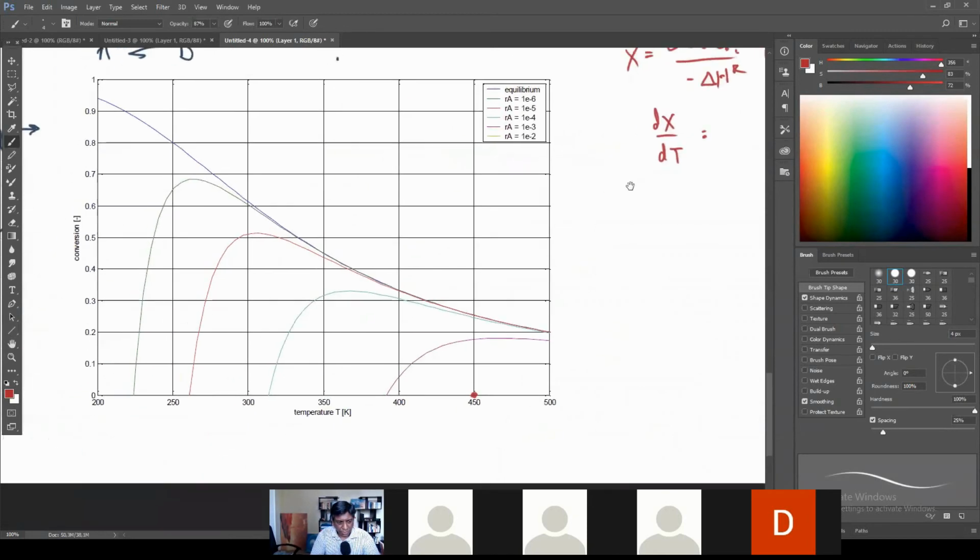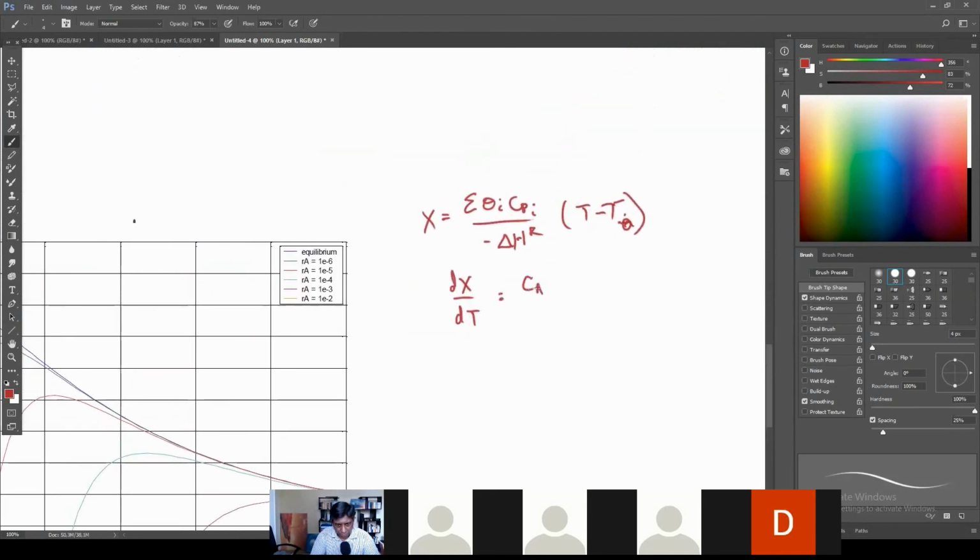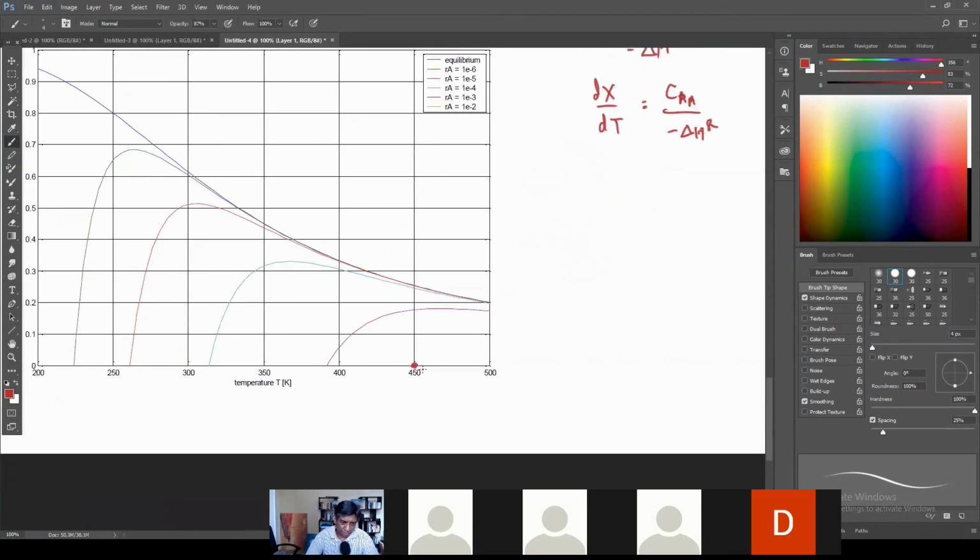And if we initially have none of component B here, then this is C_PA, and then here is minus delta H_R. So there's going to be some gradient, which I'm not going to calculate now. But there'll be some gradient, and the system is going to be trying to run towards equilibrium, right?